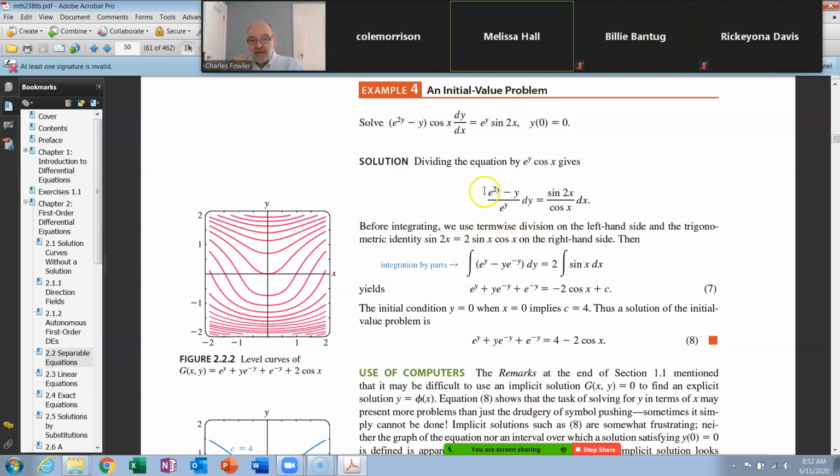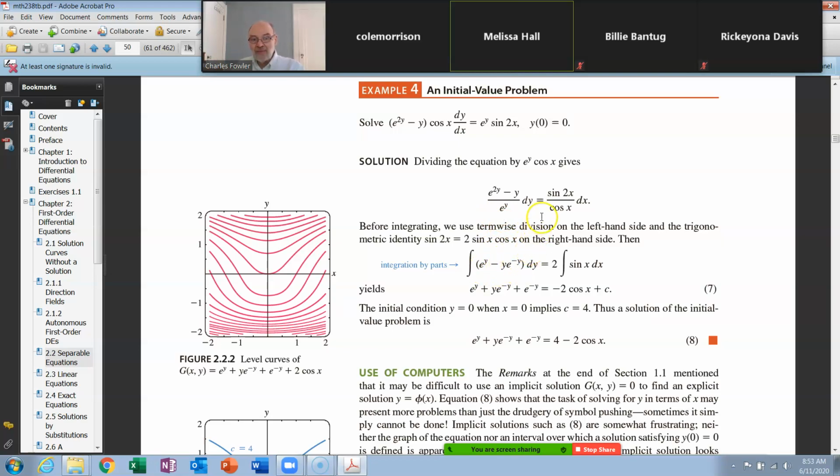In other words, e^(2y) divided by e^y is just e^y. And y divided by e^y would be y times e^(-y). I never like to divide or integrate variables in denominators. If I can get away with it, I like to write them in exponential notation. So that's what they've done here.